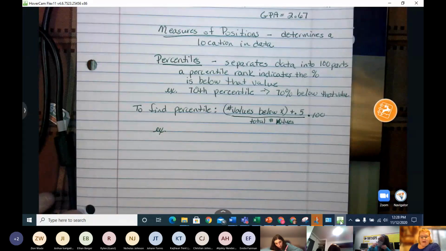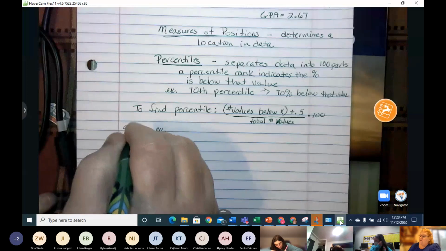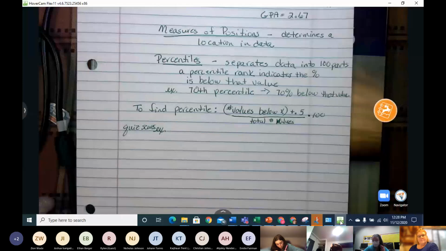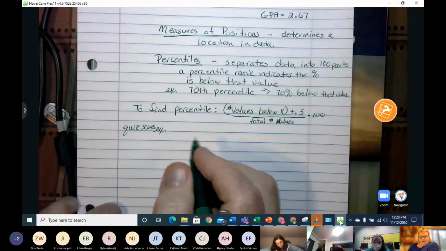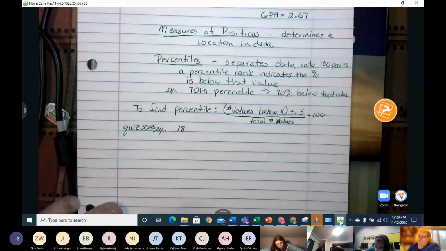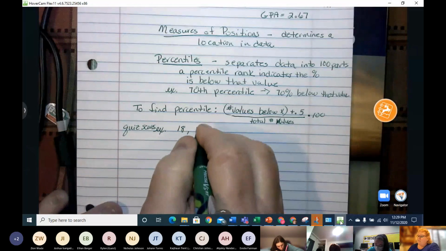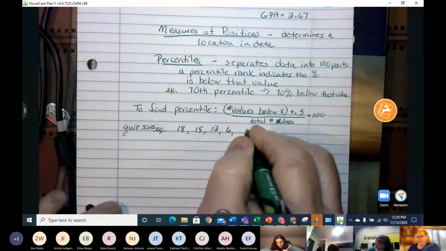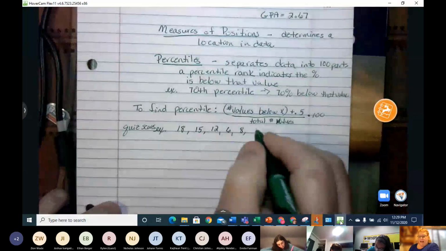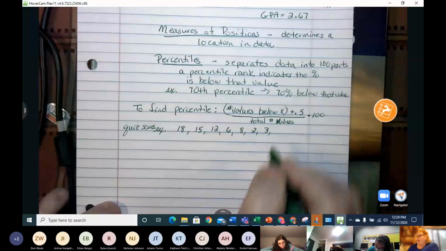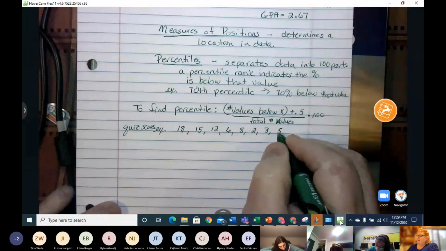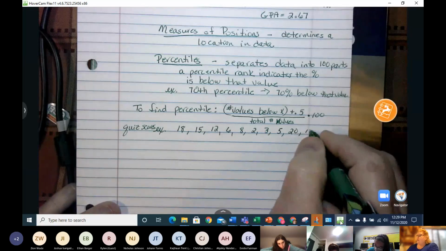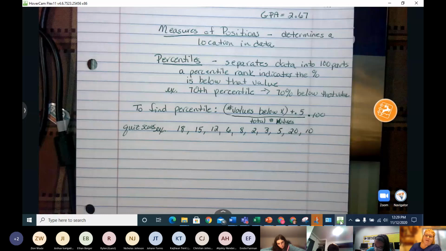So here's our example. These are quiz scores. So we have someone who made an 18 out of 20, a 15 out of 20, a 12 out of 20, a 6 out of 20, an 8 out of 20, a 2 out of 20, a 3 out of 20, a 5 out of 20, a 20 out of 20, and a 10 out of 20.